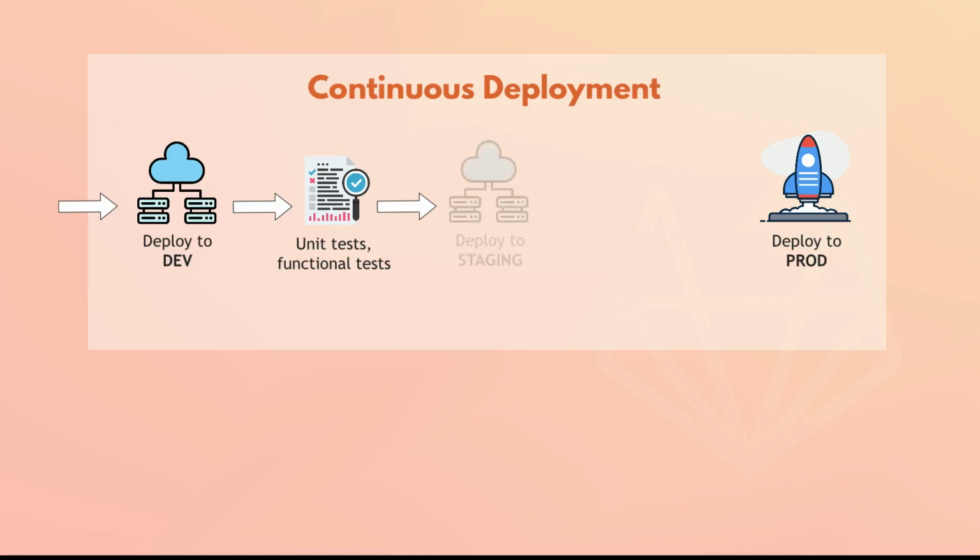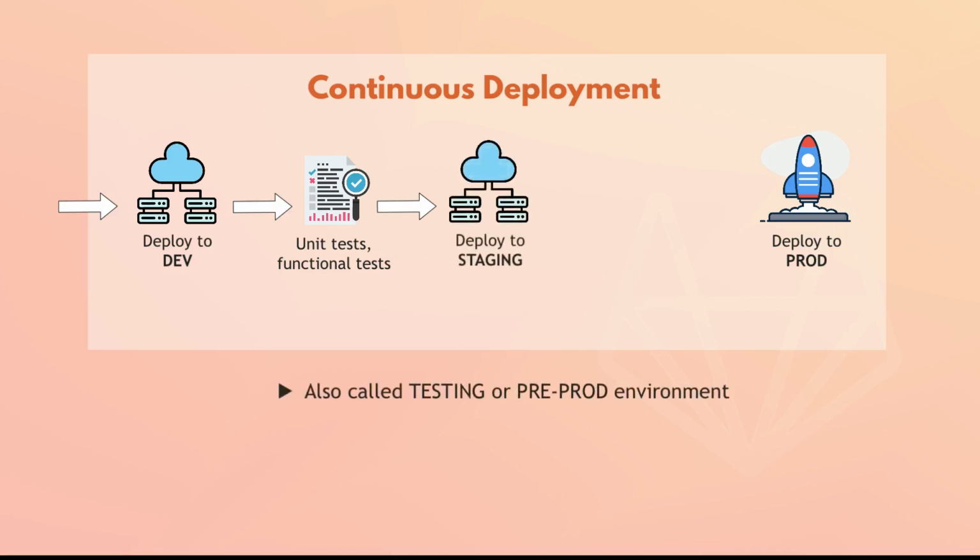If everything works, we can deploy the changes to the next stage, which is often called either testing, staging, or pre-prod environment, which again should be as much identical as possible to the final production stage, because we don't want any surprises. We want to be sure that we have tested everything about the application in a realistic environment.